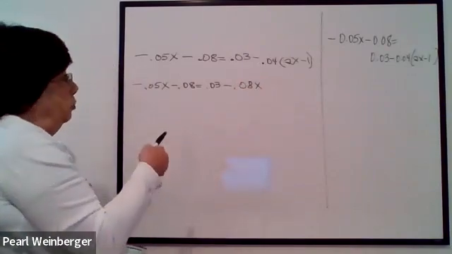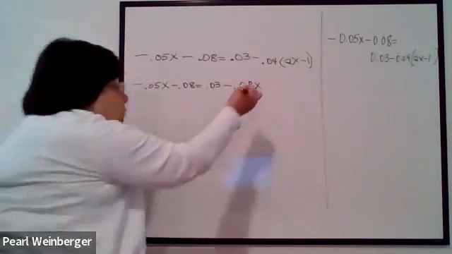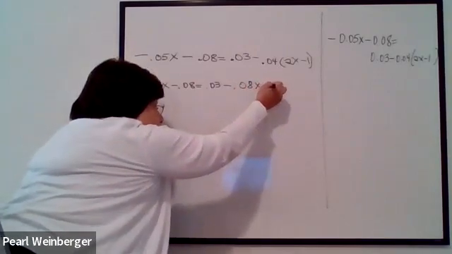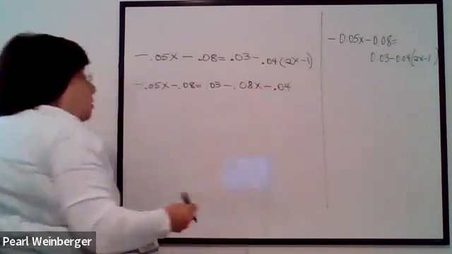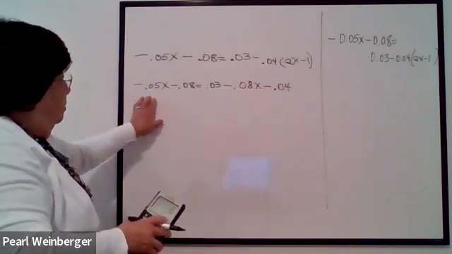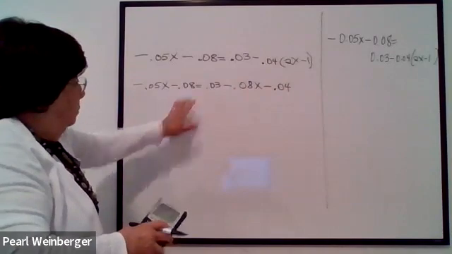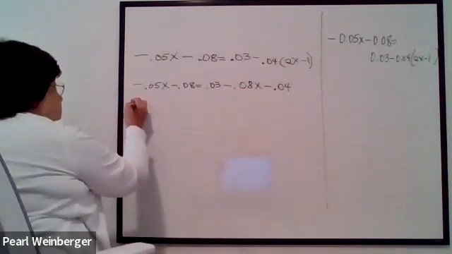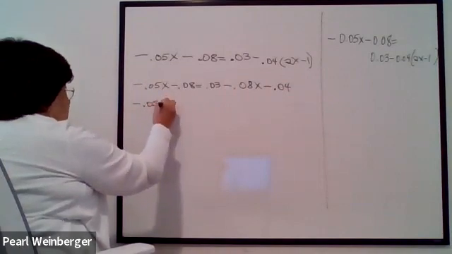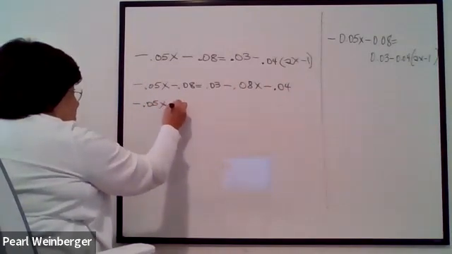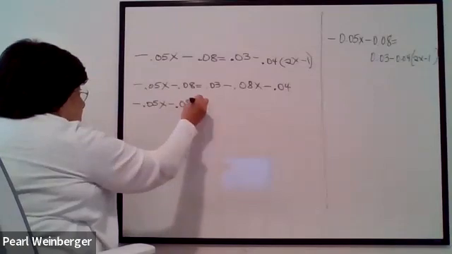And then I have the 0.04 times -1, which is of course negative 0.04. Okay, now this we're going to leave alone. I'm just going to rewrite it. 0.05x. It just takes a lot of time to write because there are all those zeros.